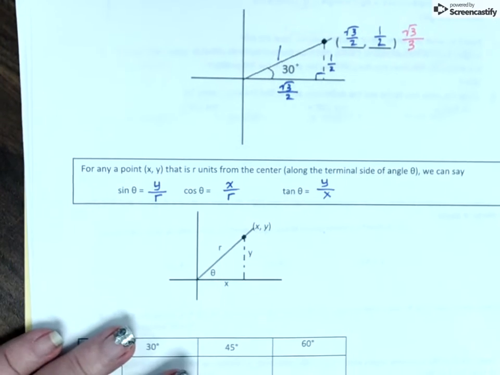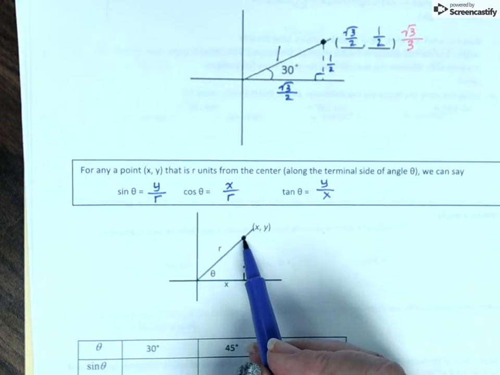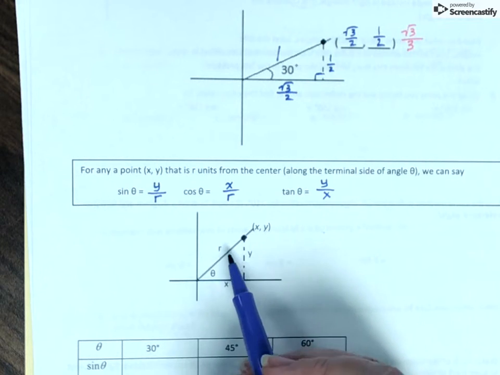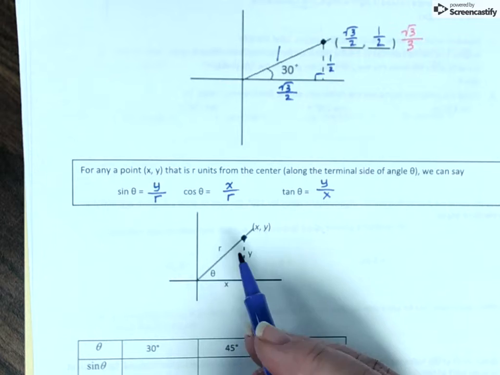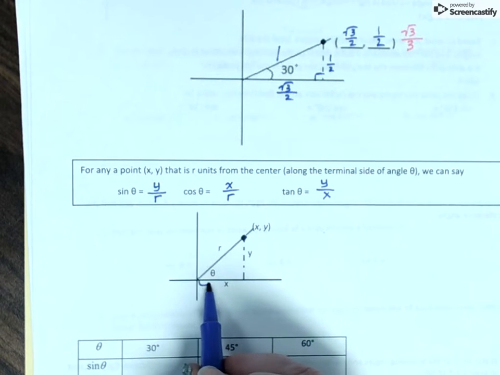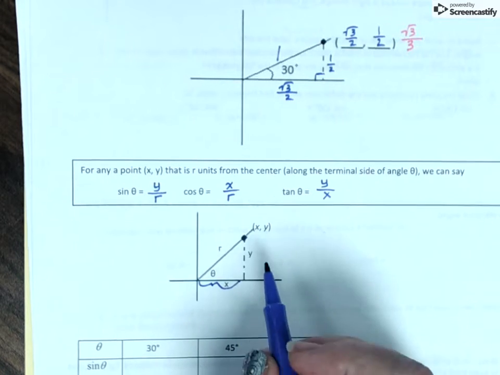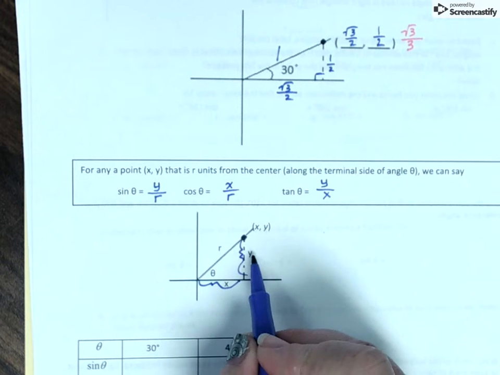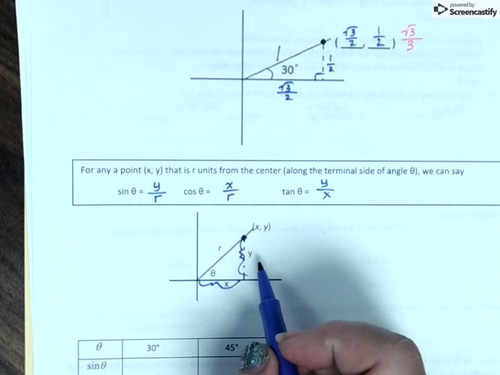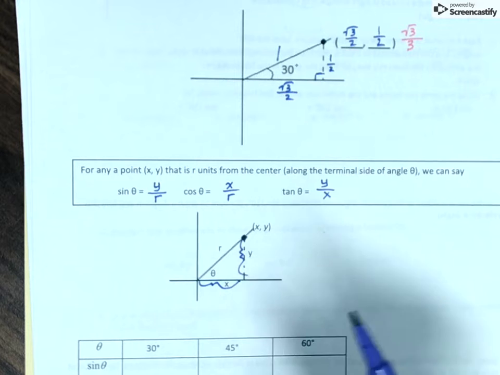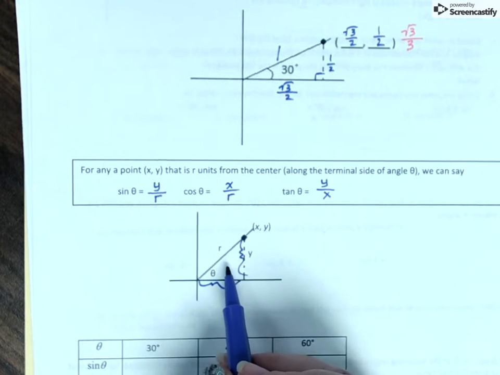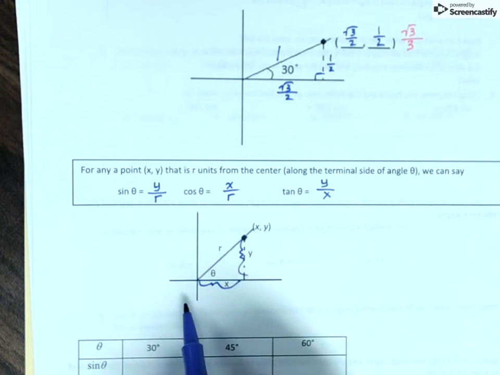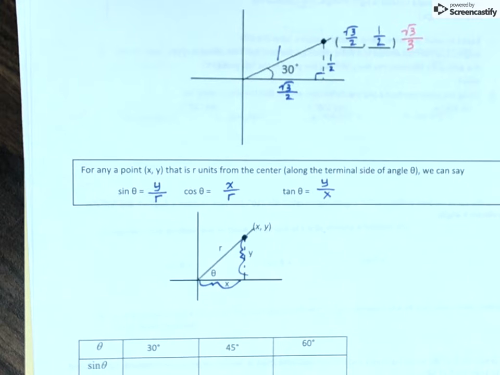Well, let's take a look at this now. This is now point xy, any point xy on the unit circle with any radius of r. This distance across is still x. This distance right here is still y. And it doesn't matter if that triangle is in quadrant 1 or quadrant 2 or quadrant 3 or quadrant 4.